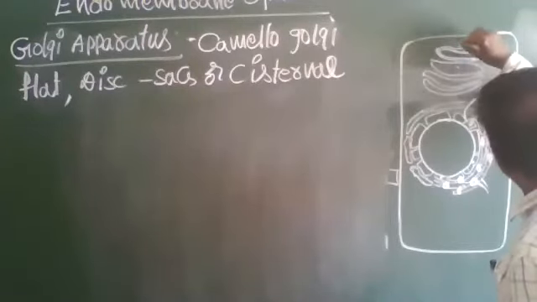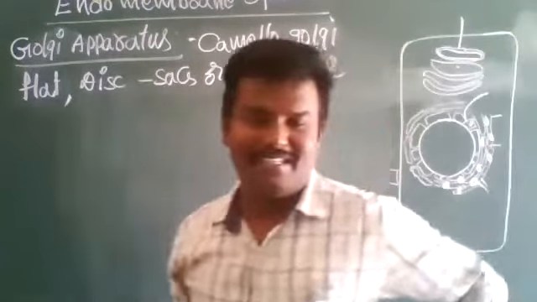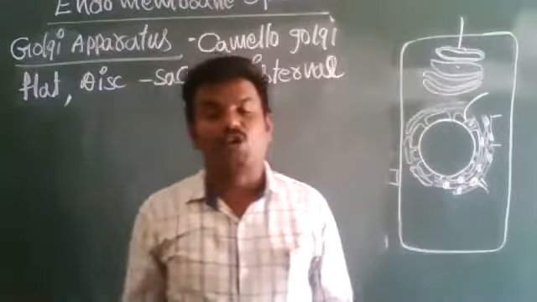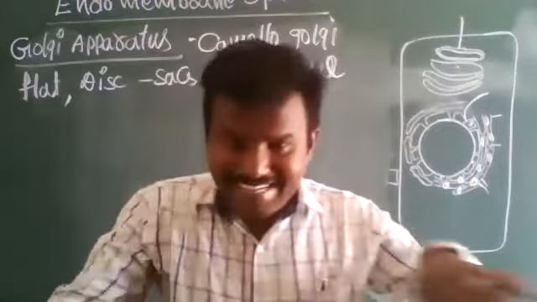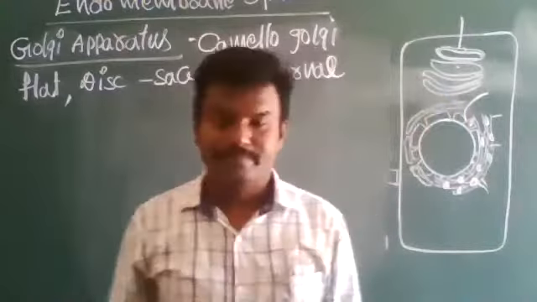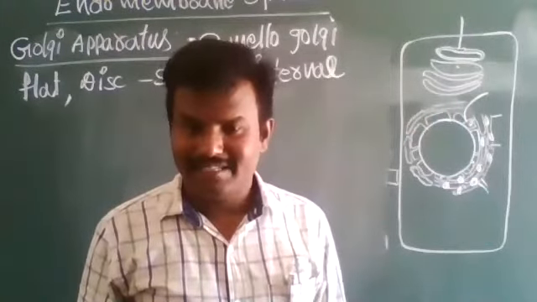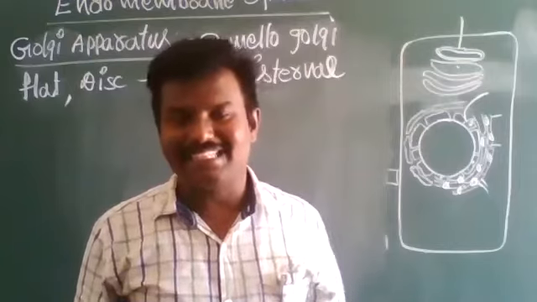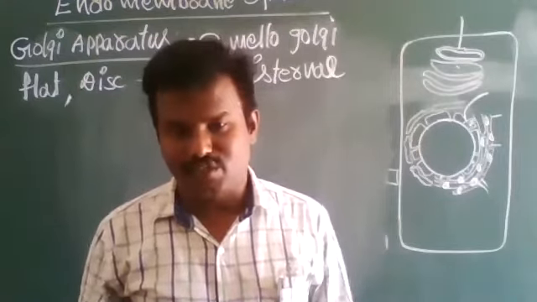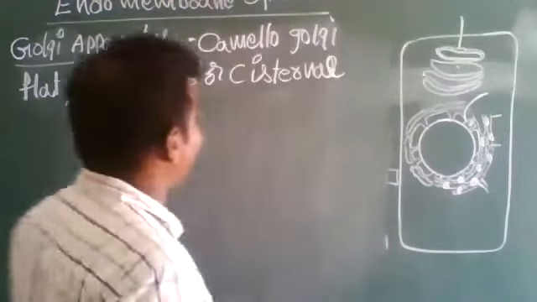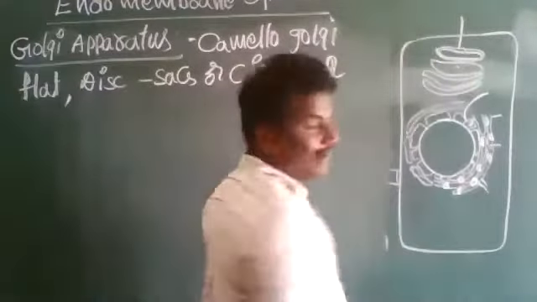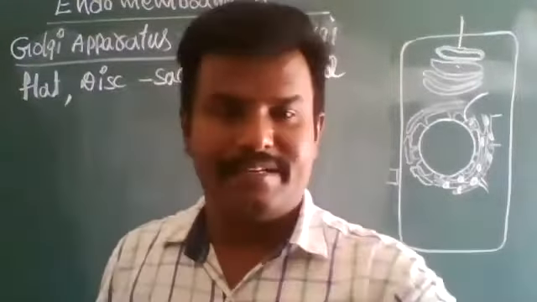This thin layer is called cisternae. Generally, Golgi complex, Golgi body are flat, disc-shaped or sac-like structures called cisternae. These are covered by a thin layer.